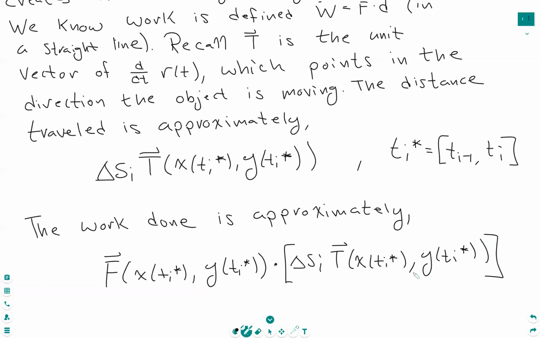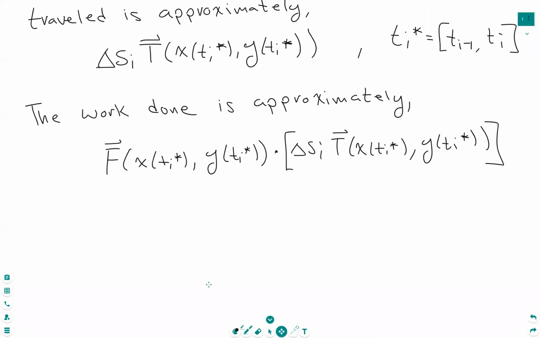So what we could do is just add these all together and get an approximation for the total work done. In the limit, as I let those arc lengths get smaller and smaller, we approach this line integral.